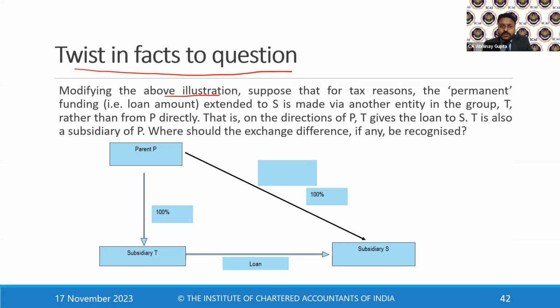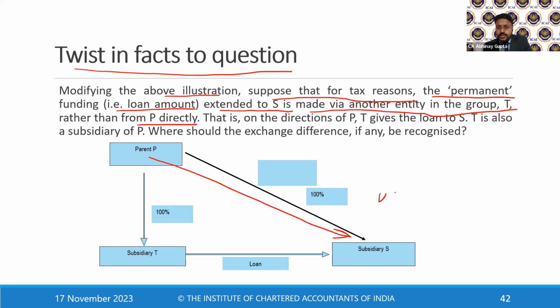Modifying the above illustration, suppose that for tax reasons, the permanent funding, that is the loan amount of $500, which was given by the parent company to the subsidiary S for its operation, is made via another entity in the group, T, rather than from P directly. So earlier P was giving the $500 loan directly, right?